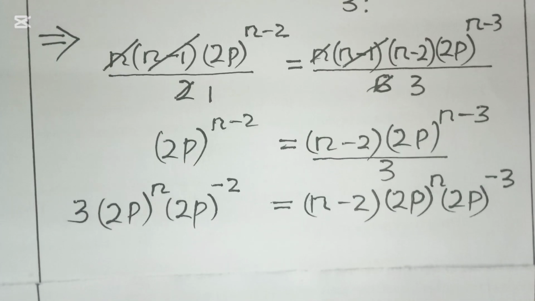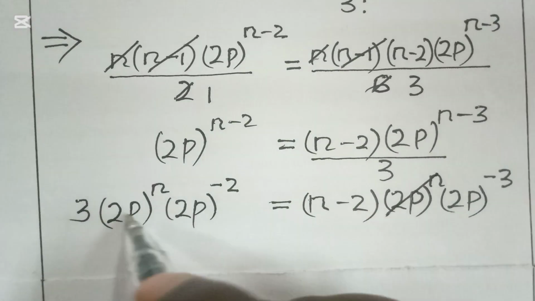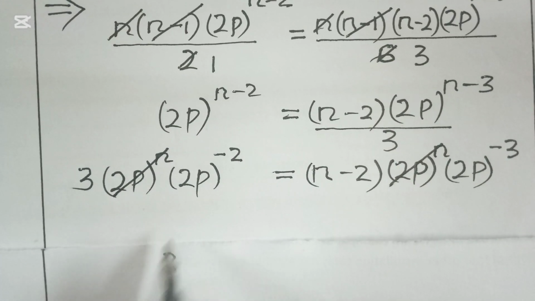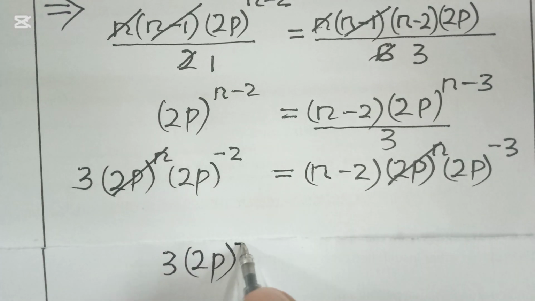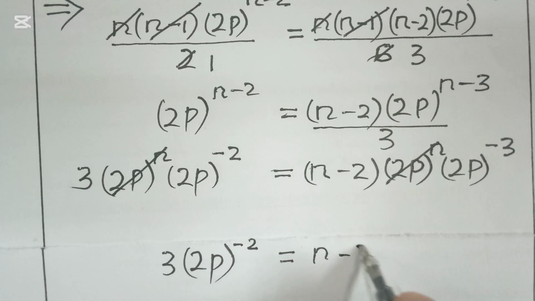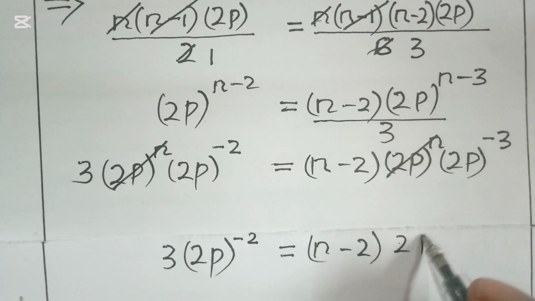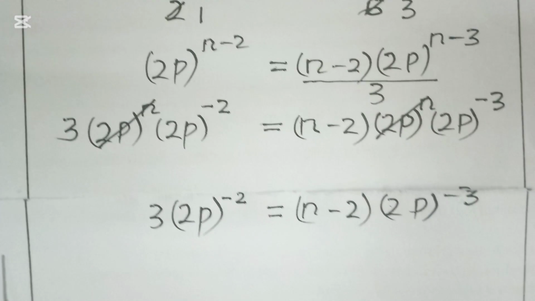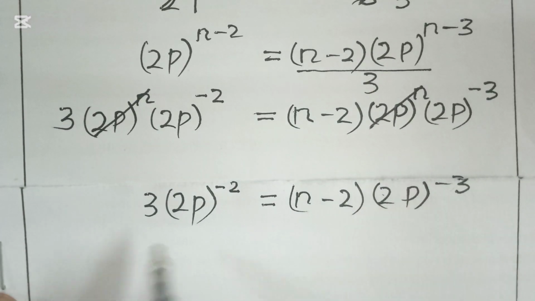So guys, we continue. We can now cancel 2p raised to n on both sides. So we are left with 3 times 2p raised to negative 2 equals n minus 2 times 2p raised to negative 3. From there we can bring 2p raised to negative 3 to the other side.